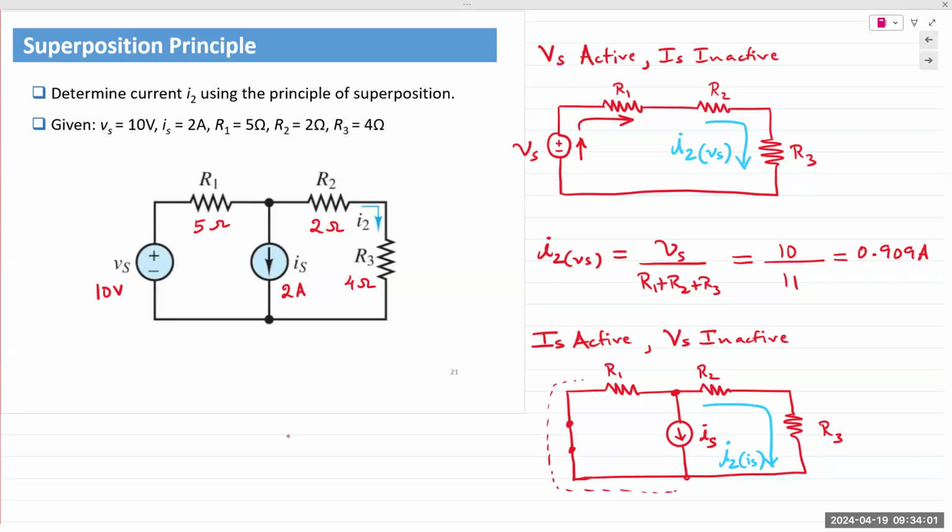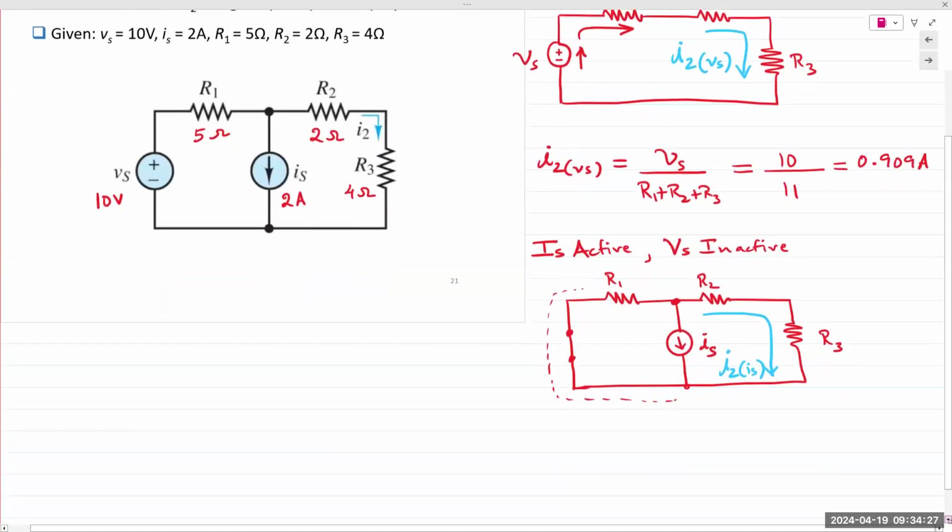And that means it is in parallel, as was noted earlier. R1 is in parallel with Is. How about R2 and R3? They are also in parallel. So R2 and R3 can be reduced because they're in series. And then that series combination is also in parallel with Is. Okay. Take 30 seconds to look at it and understand. Let me know if you have any questions.